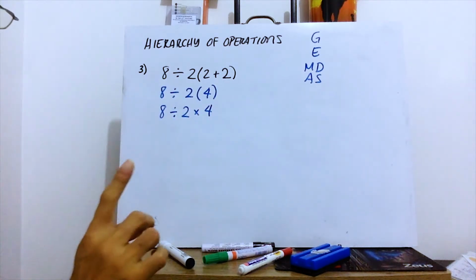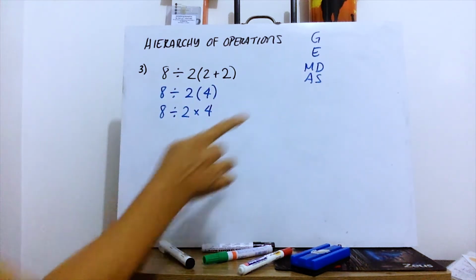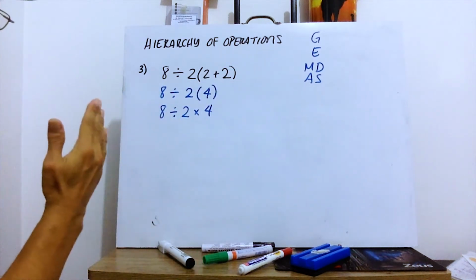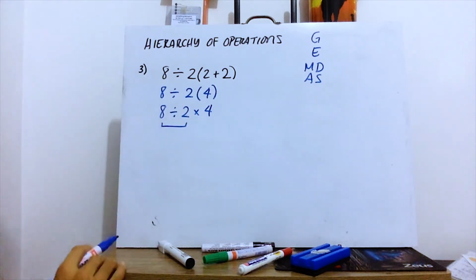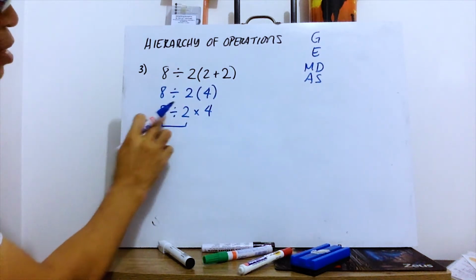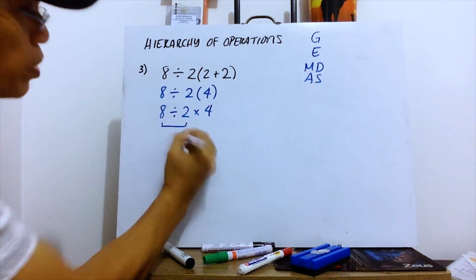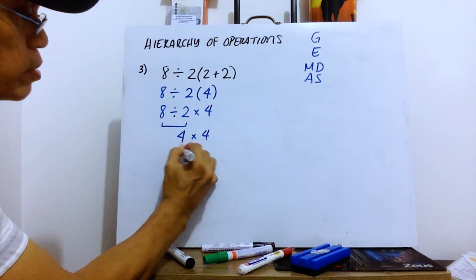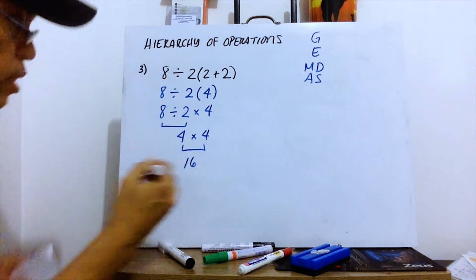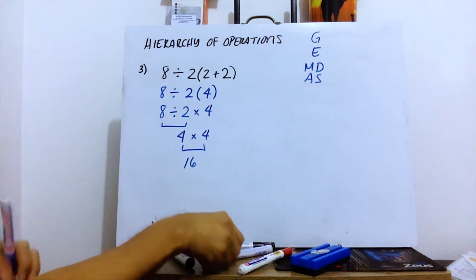No, they have the same rank. So we solve them from left going right. This should come first. So 8 divided by 2, that's 4. And then let's multiply to 4. So this becomes 16. That's the proper way to solve it.